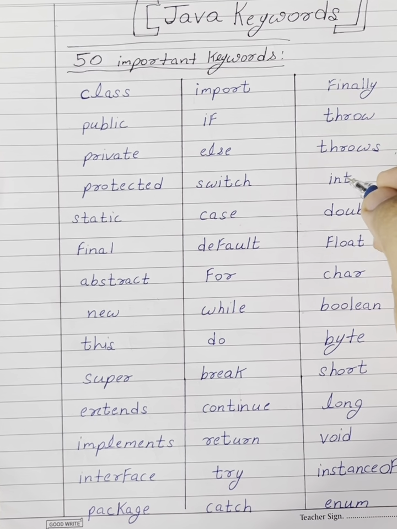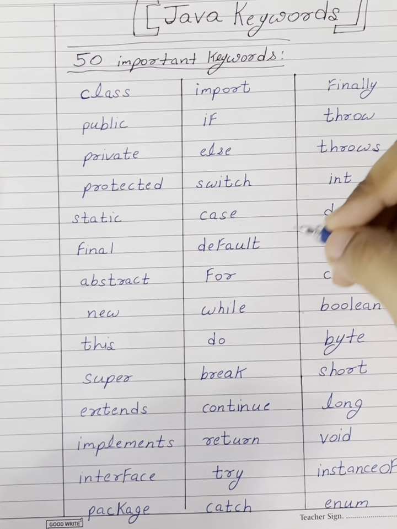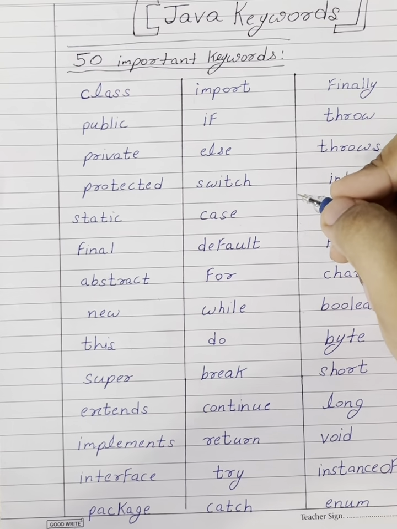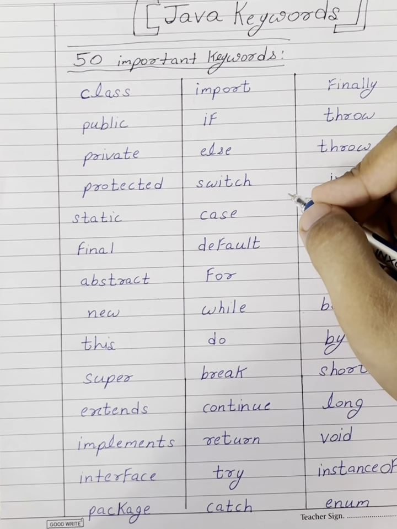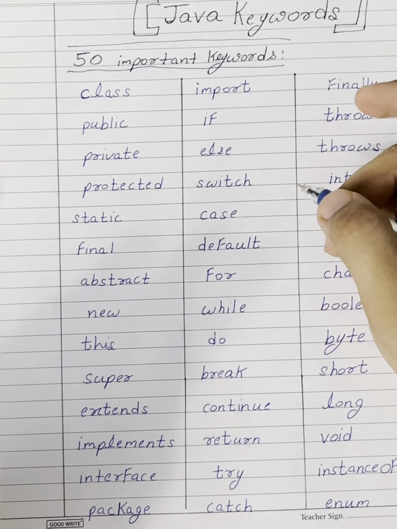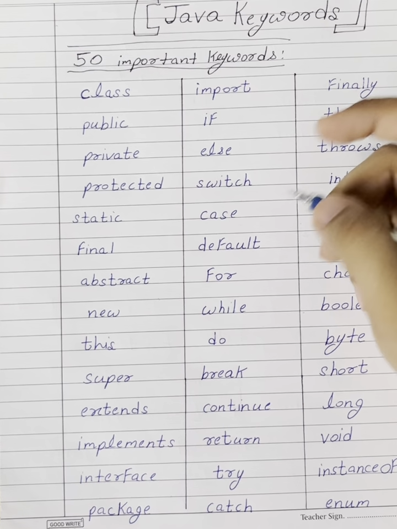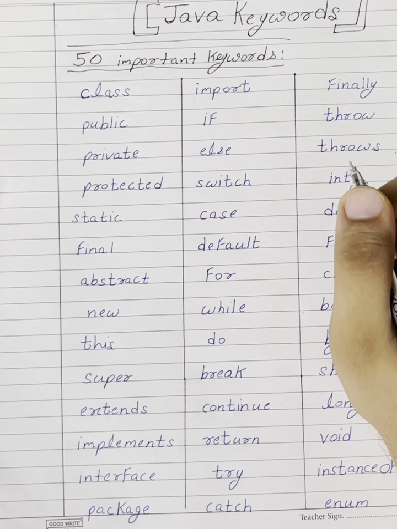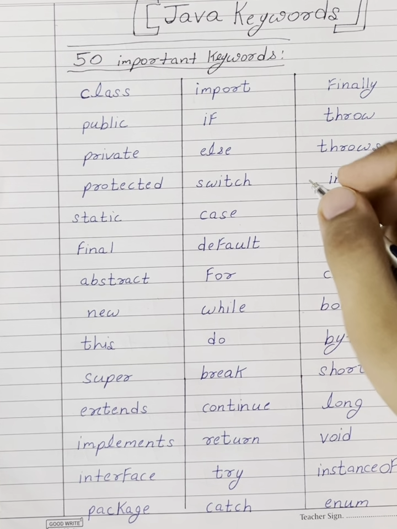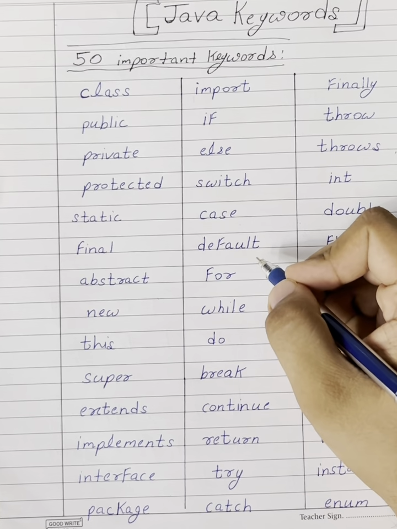Multiple case labels can be included within a single switch statement to handle different situations. In most cases, the break statement is used after each case to prevent the execution of subsequent cases. Okay, remember that.